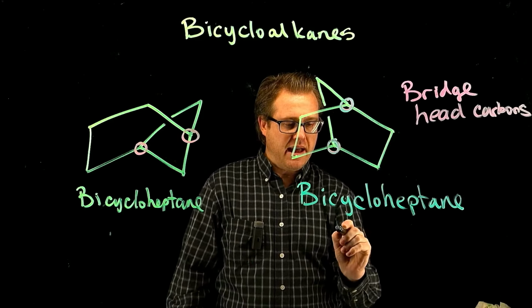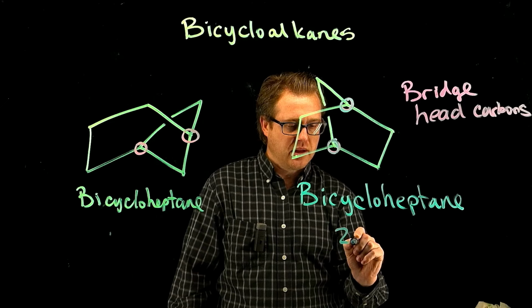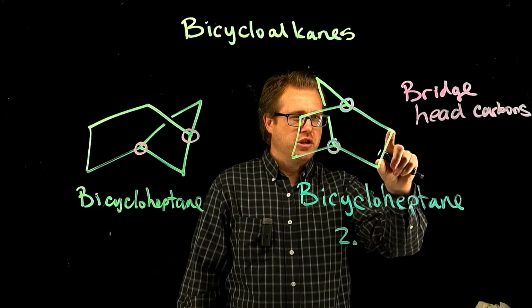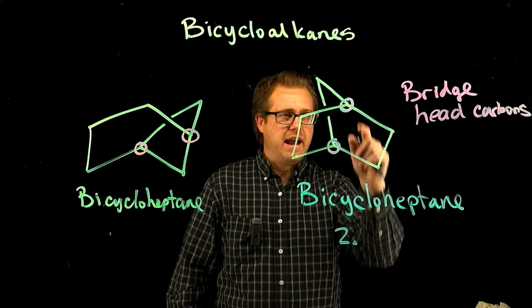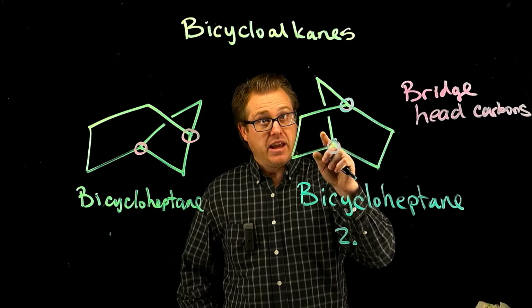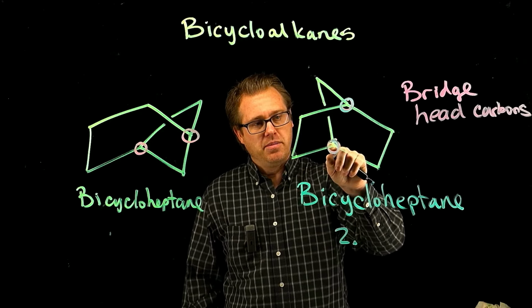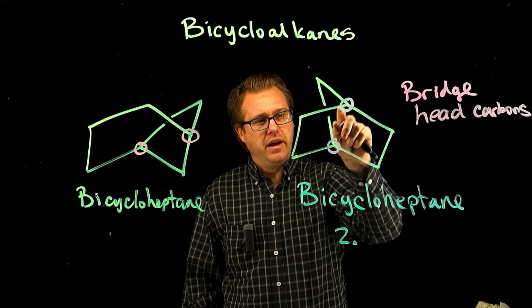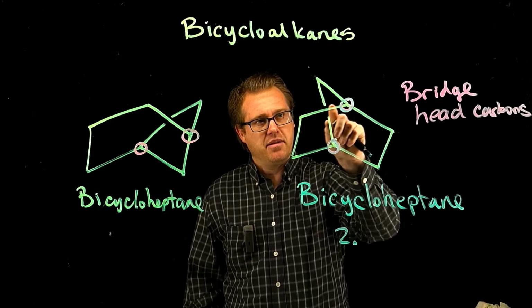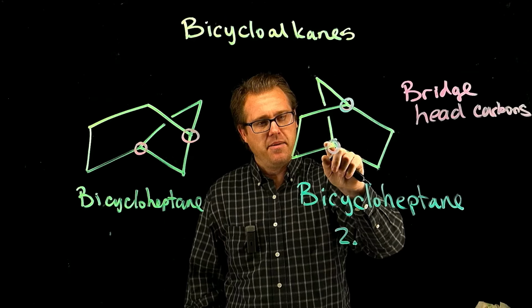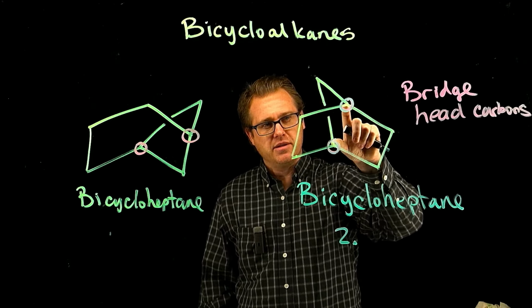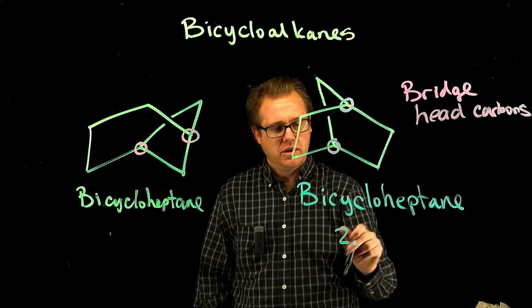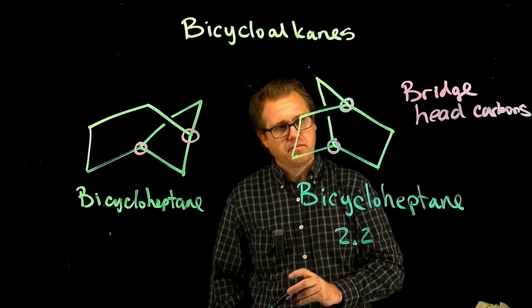So I make a mental note that there's 2 carbons in that longest path. Now, what if I count the other way? There's going to be 1, 2, 3. There's that path. You see that? Now, how many carbons are in between the 2 bridge carbons? There's 1, 2. So there's another 2.